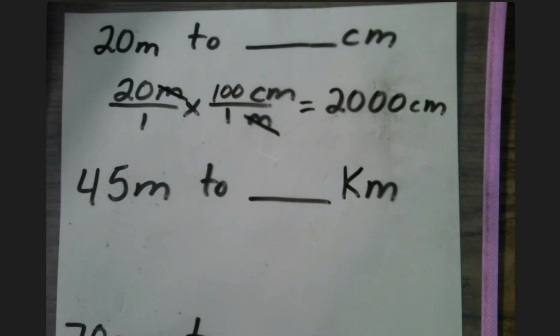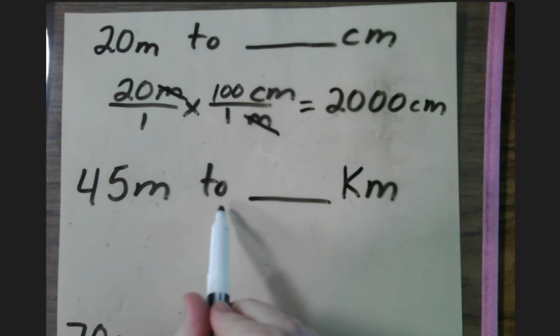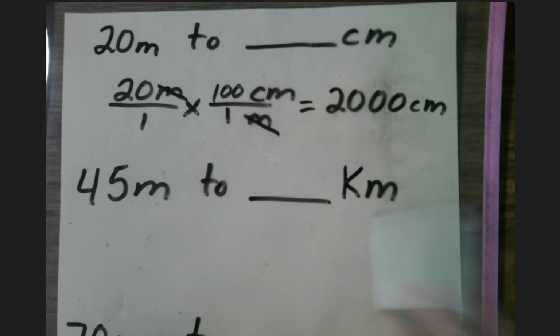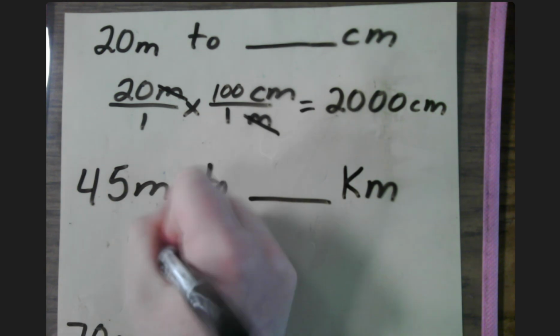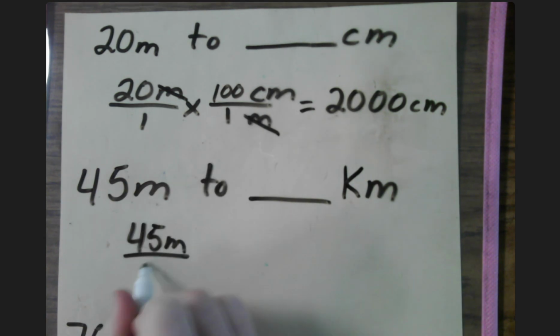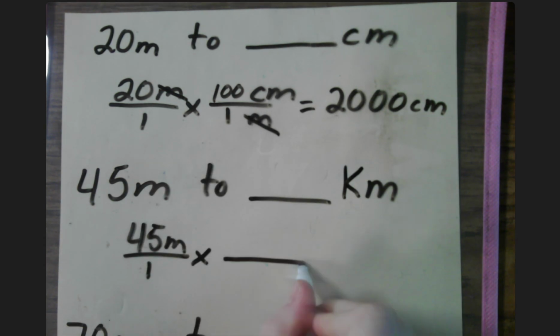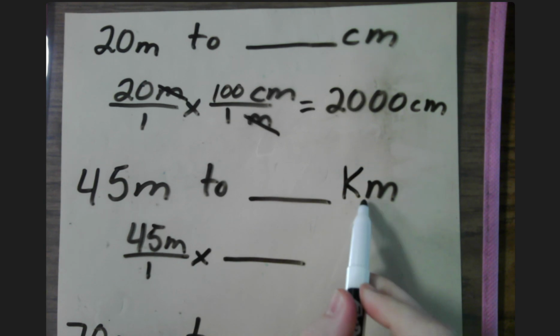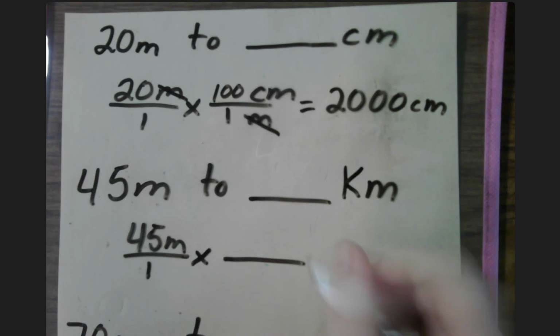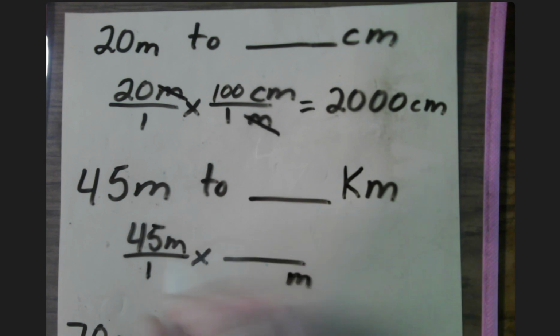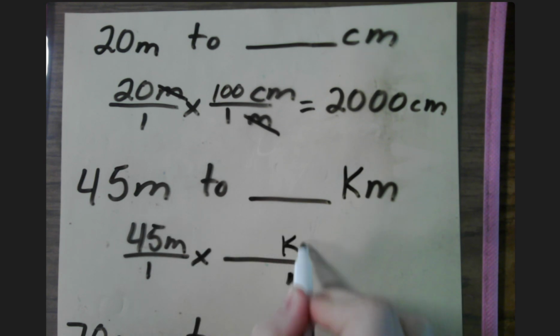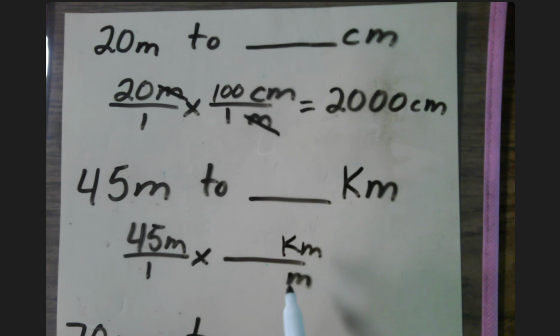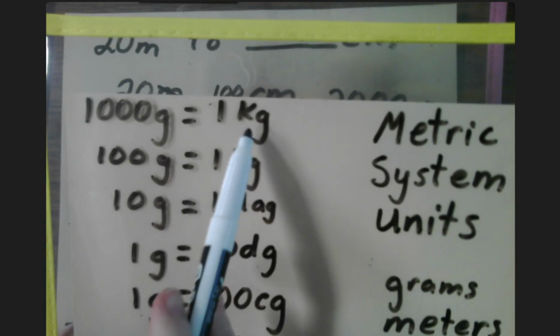Let's look at this next one. 45 meters to kilometers. Let's write what we know. 45 meters. We can make that a fraction. Multiply it. We want to get to kilometers. We're going to put meters down here so that those units cancel out, and put kilometers up here. Let's look back at our sheet over here. 1 kilogram or kilometer is equal to 1,000 grams.